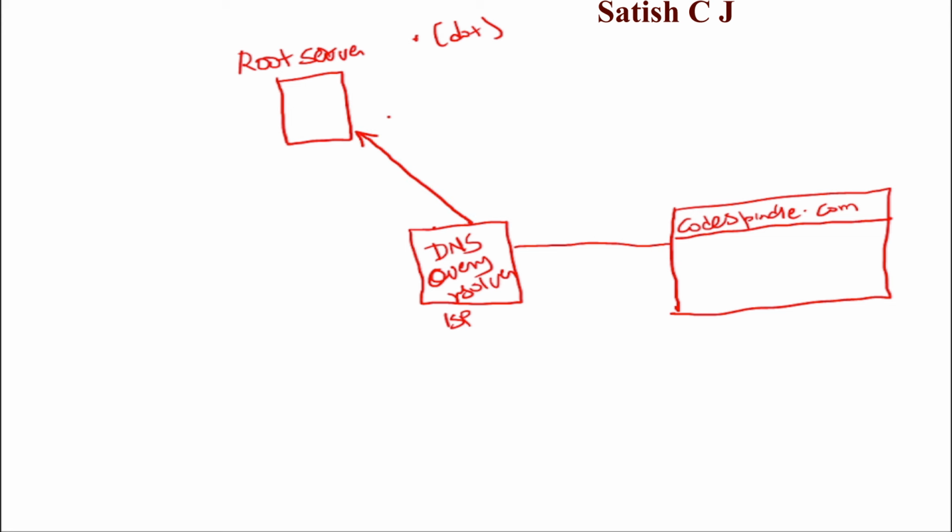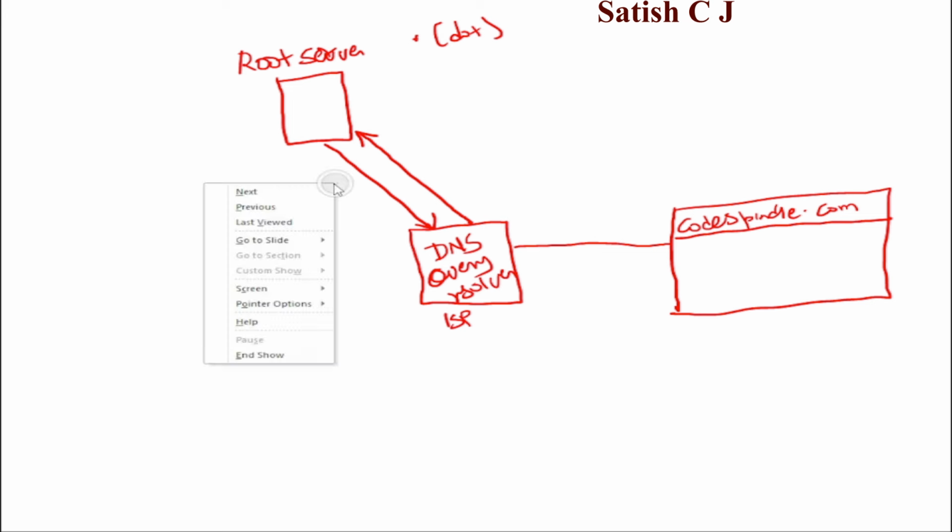So once when the root server is getting contacted, it is not going to supply us with the IP address. Rather than that, it's going to give us the contact for the top level domain servers. So it's going to give the DNS resolver the contact for the top level domain. So TLD. What do you mean by a top level domain?